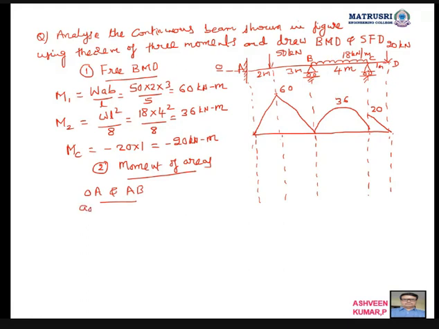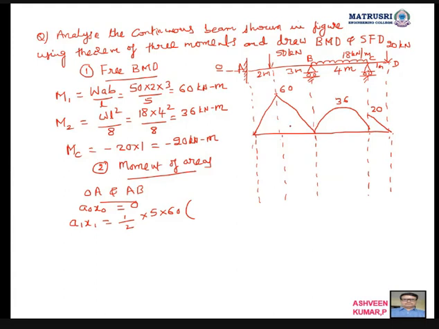So I can write A0 X0 is equal to 0. Then I'll write A1 X1. What is the shape of this one? Triangle. So half into 5 into 60. Then centroid. Centroid I told OA and AB. So for this span you want to take from A, and this from you want to take from B. So from the B, from the right side.